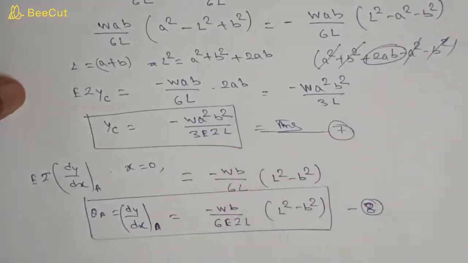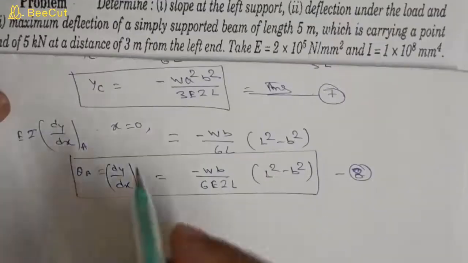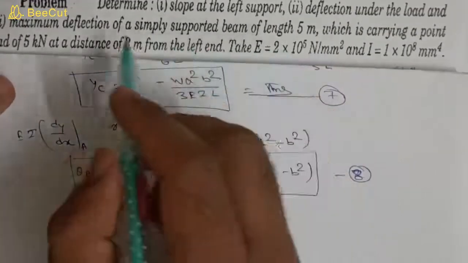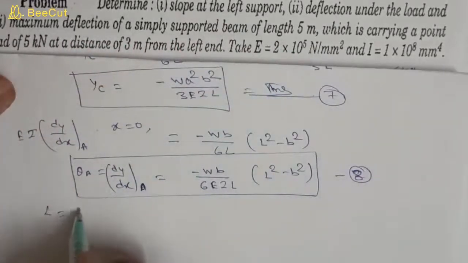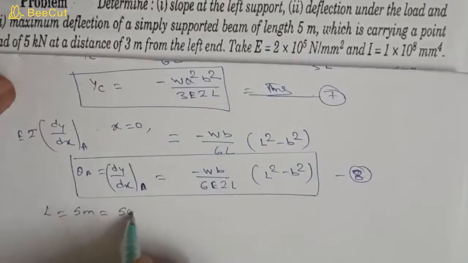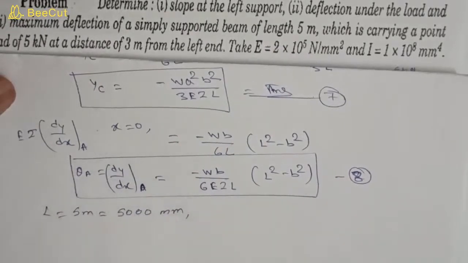Now we have to put all the values here. You can see that in the question it is given that L is equal to 5 meter, so it will be equal to 5000 mm because we are considering all the units in Newton and mm, and it is carrying a point load of 5 kilonewton.